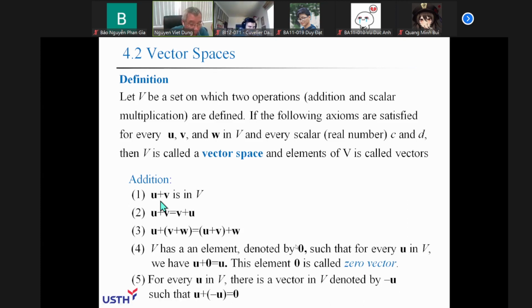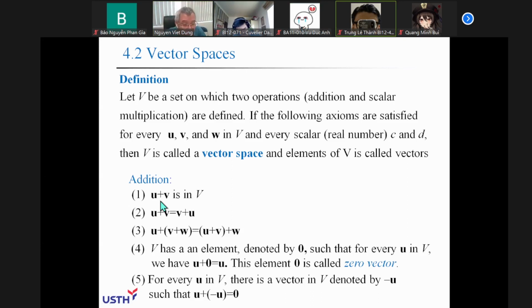And the last property concerning addition says that for any vector U in V, there is another vector also in V denoted by minus U, satisfying U plus minus U equals the zero vector. So we have the first 5 properties.